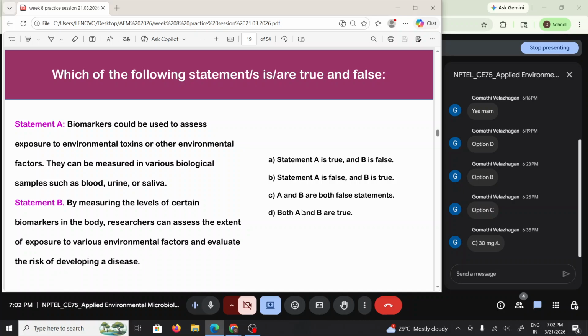Okay, from the given statements, you have to find out which of the following is or are true and false. You have to basically state whether both the statements are true, both are false, or which is true and which is false. Statement A is biomarkers could be used to assess exposure to environmental toxins or other environmental factors. They can be measured in various biological samples such as blood, urine, or saliva.